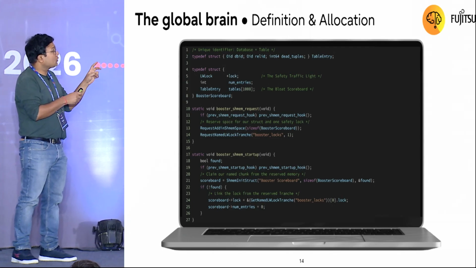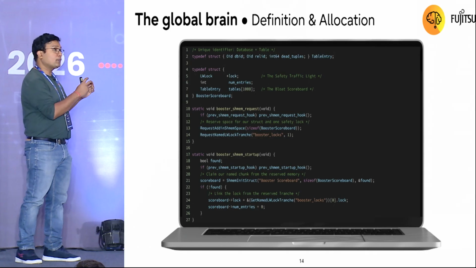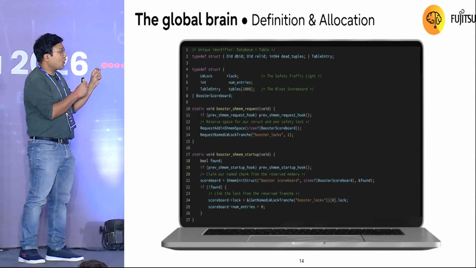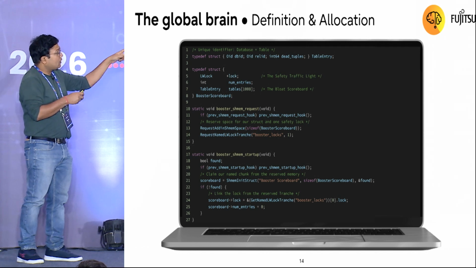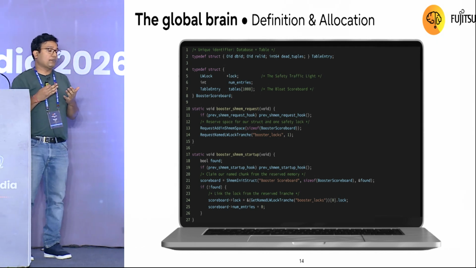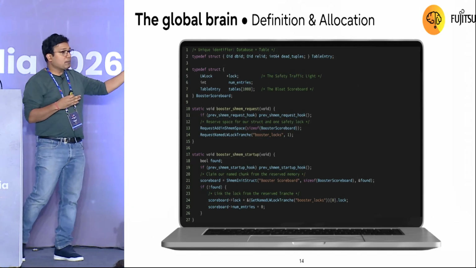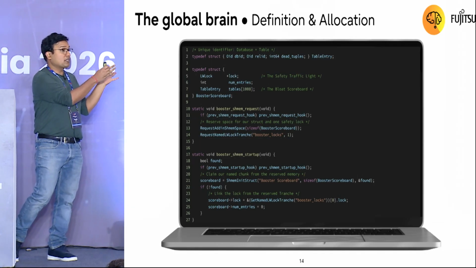Also, I am telling Postgres in line number 14, give me a lightweight lock and a named lock, so that I can protect this state. This is what I normally register, so that during the start of Postgres, it allocates memory for us along with the other shared memory that Postgres allocates by default itself.